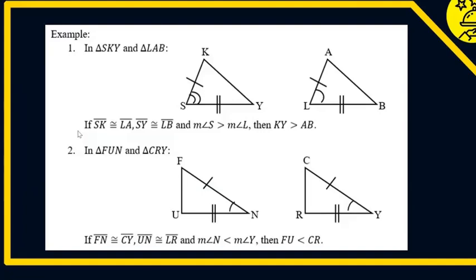Here, you have proof that the angles between the two sides that we have are not congruent.